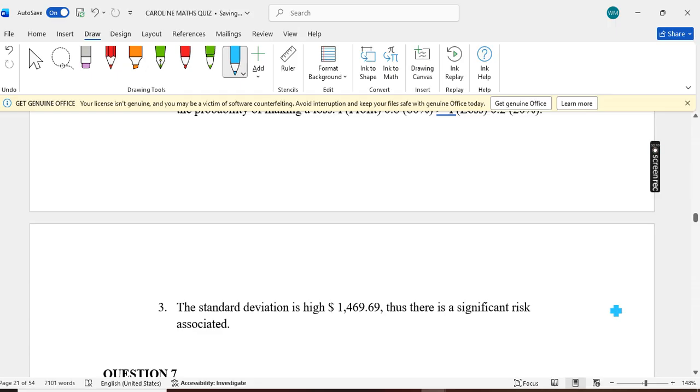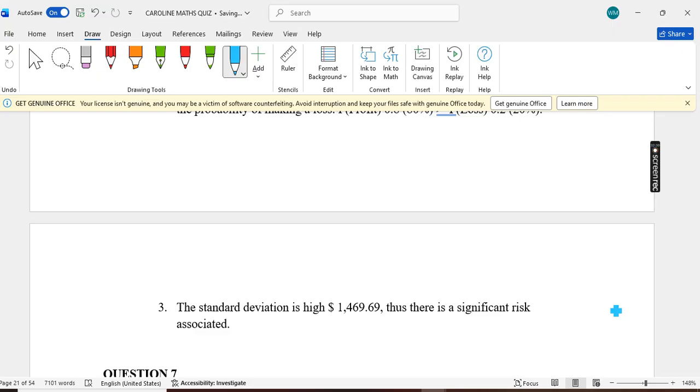Now here is where it becomes tricky, because the standard deviation determines if you're a risk taker or if you're a conservative person. If you're a conservative person, do not engage in this investment.